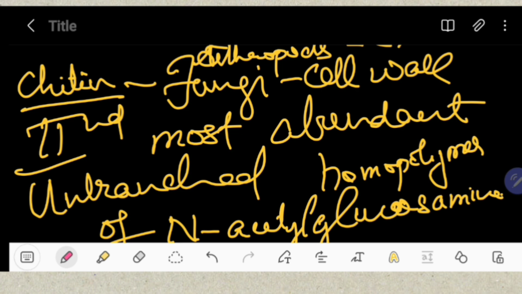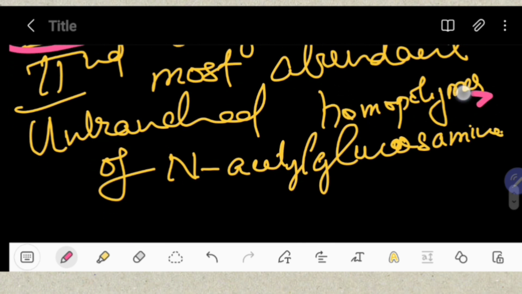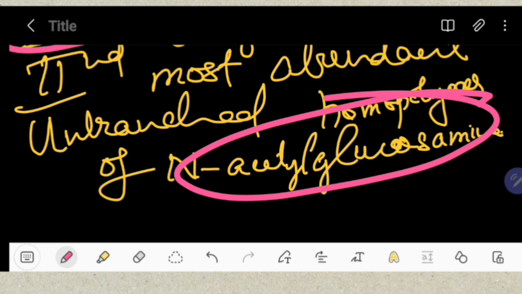Polymer and monomer also confuse everyone. Sometimes it is asked that the fungus cell wall is made by interconnecting many chitin. That's wrong. When many N-acetyl glucosamine units interconnect, that forms chitin, the homopolymer. N-acetyl glucosamine is the monomer of chitin.